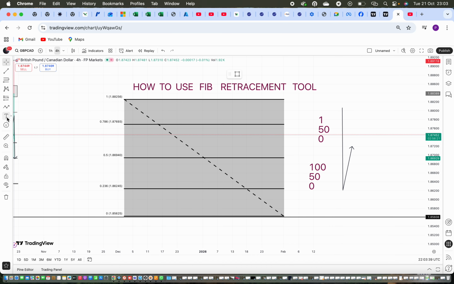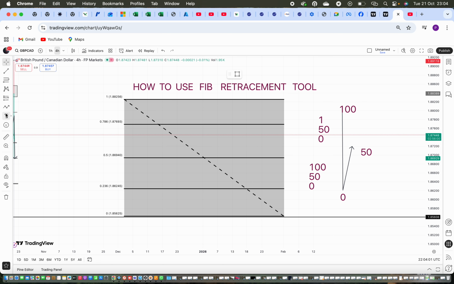Again, like I said, let's assume this is 100, and let's assume here is 0, and the middle point is 50.